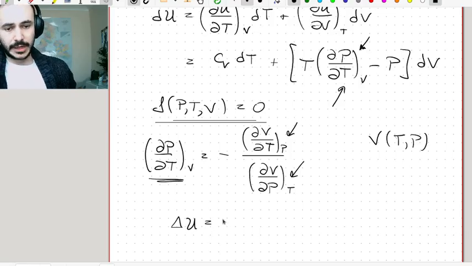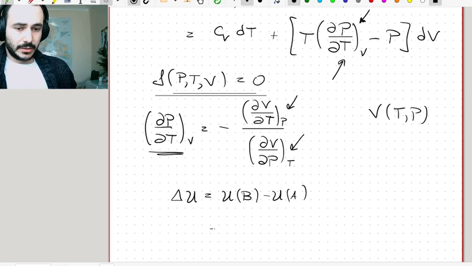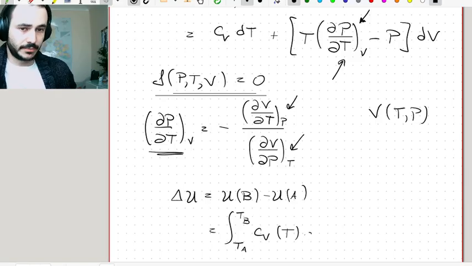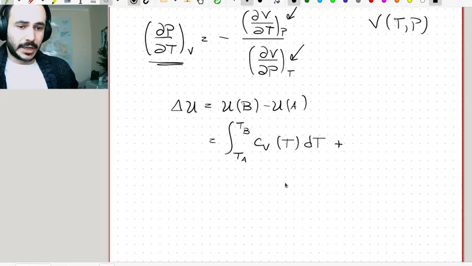So the internal energy difference, which is U_B minus U_A, is going to be, well, the integral from T_A to T_B of the heat capacity at constant volume as a function of temperature, which usually is a function of temperature, and then plus the second term.